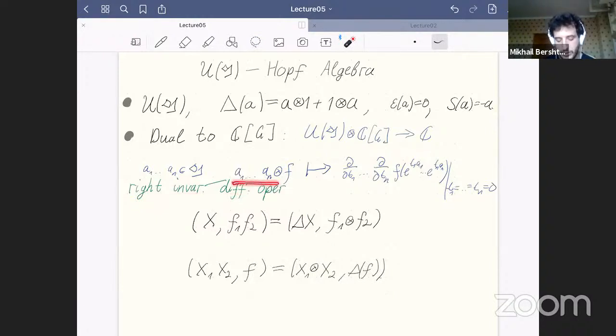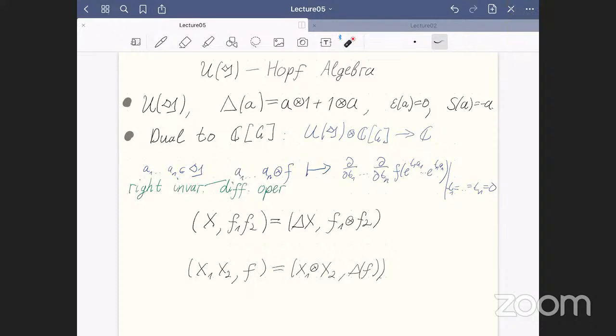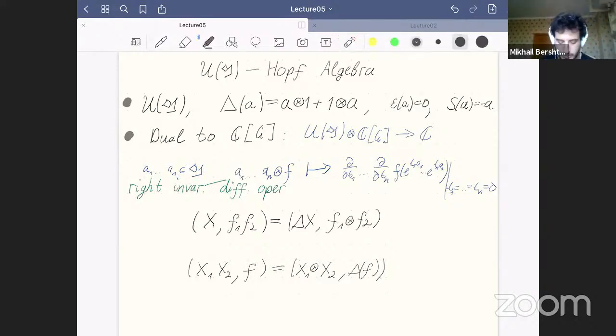Here you have to check that everything is correct. If you take, say, AB, take BA, take the difference, then you get the differential operator that corresponds to the commutator. And this follows from the fact that we have a map from the Lie algebra G to the Lie algebra of right invariant vector fields, and this is a Lie algebra homomorphism. Ah, okay, thank you. But you're right, we have to check it.